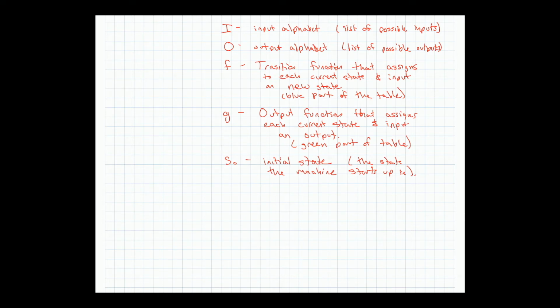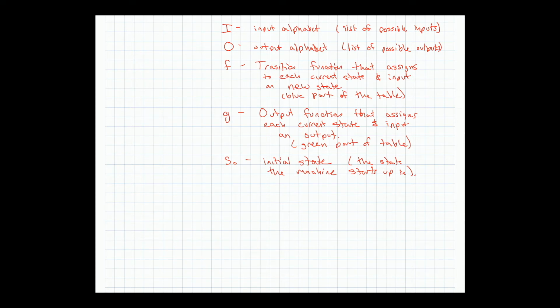The vending machine only does something when there's enough money in the machine. And then also you have to specify where the state starts. And that's everything for the finite state machine with output. So that's where we were.